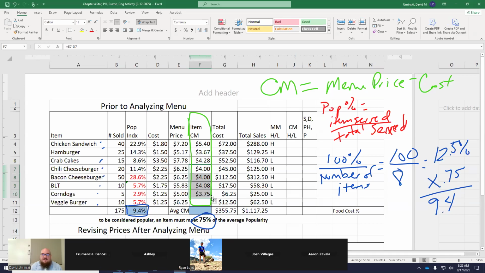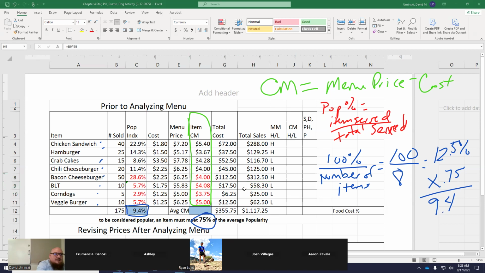Good, 3.75, thank you. And then lastly, 6.25 minus 1.25 is $5. Okay. Questions, comments, concerns about contribution margin?